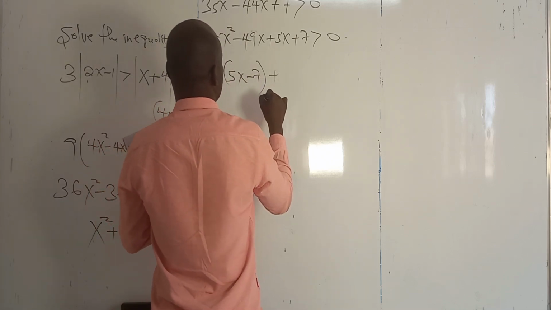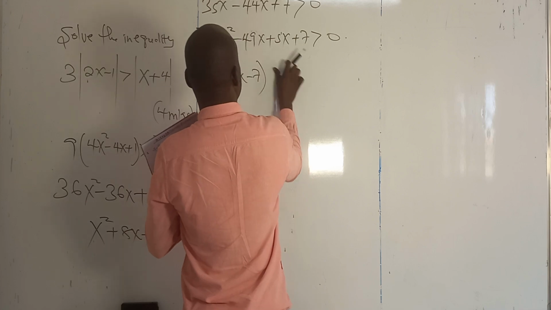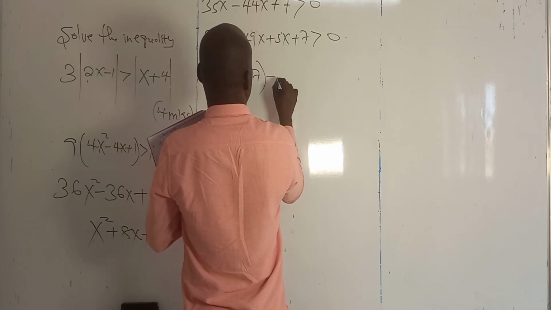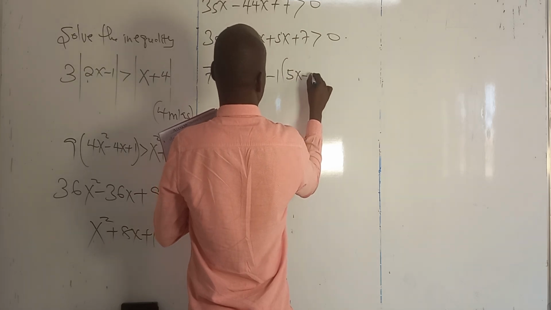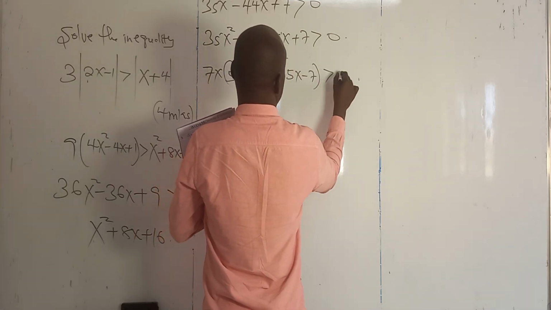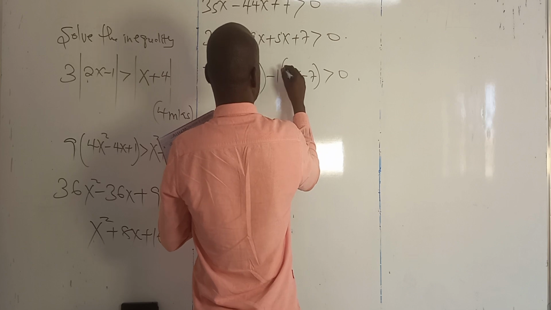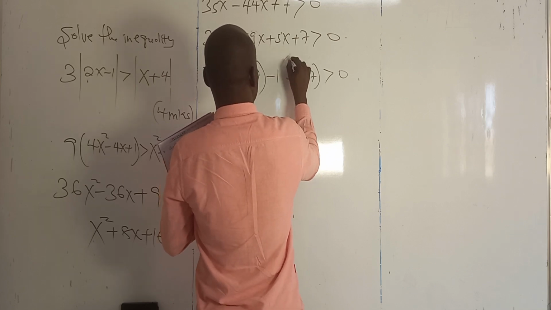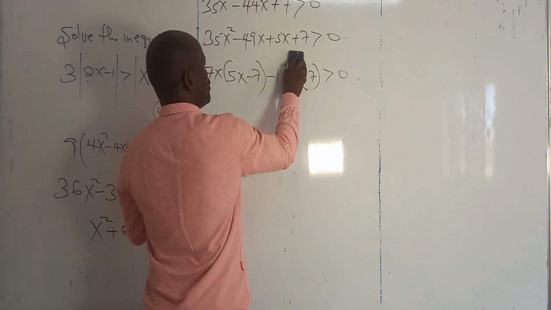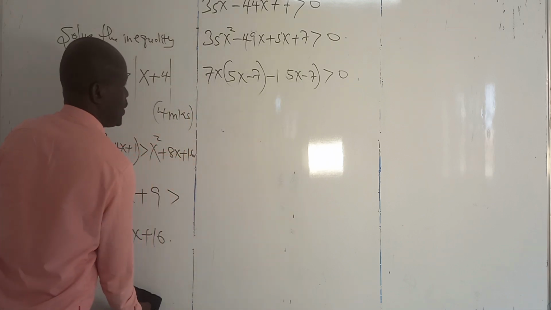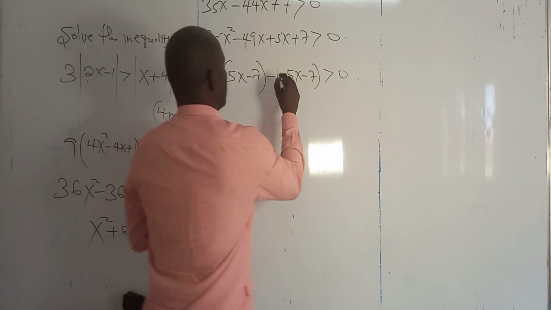Actually, it should be minus 1 into 5x minus 7 is greater than 0. So I've found a way to express it.